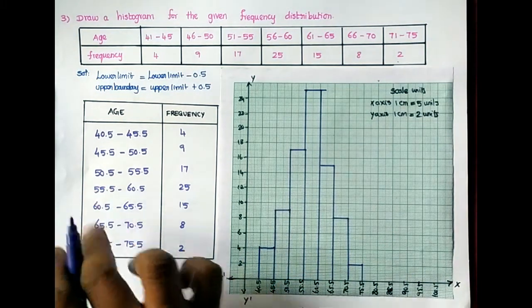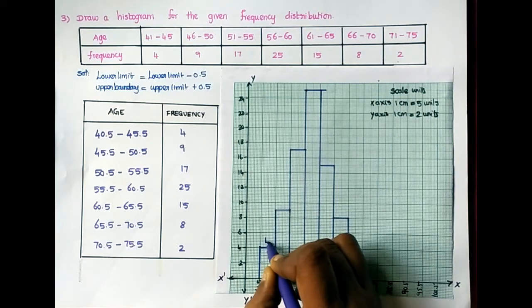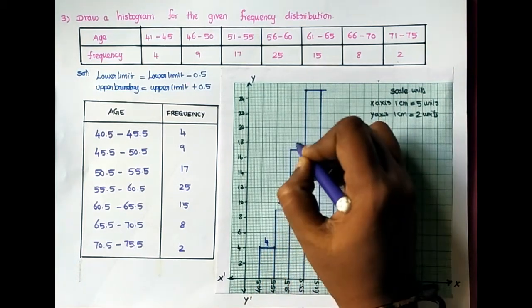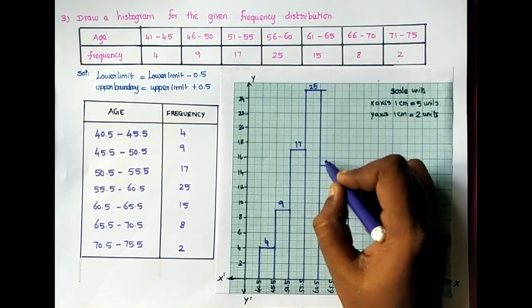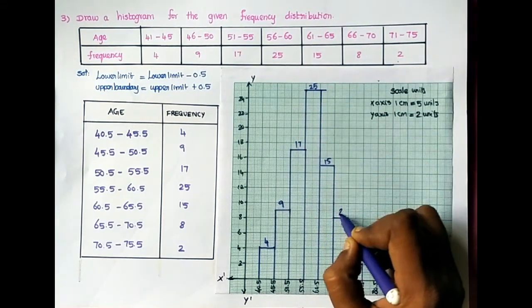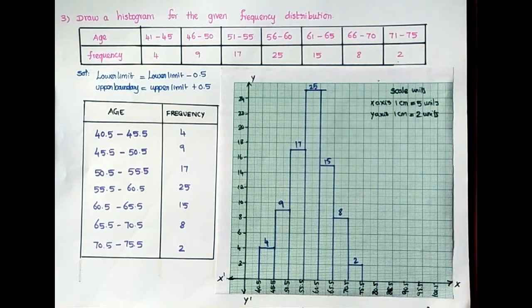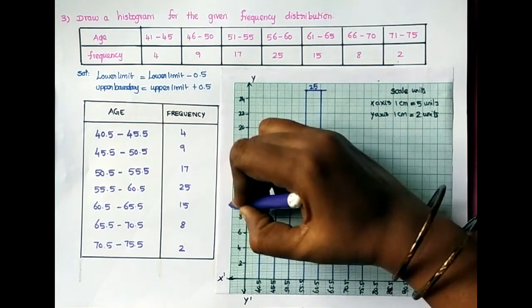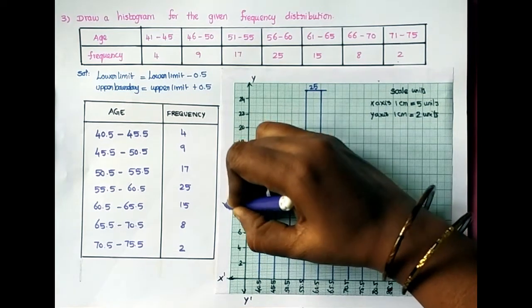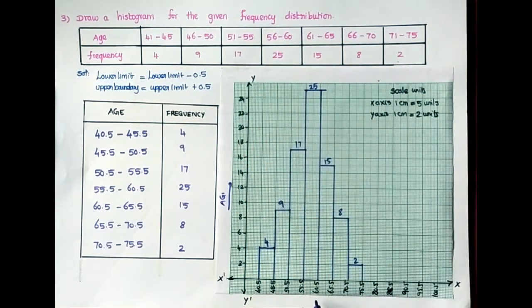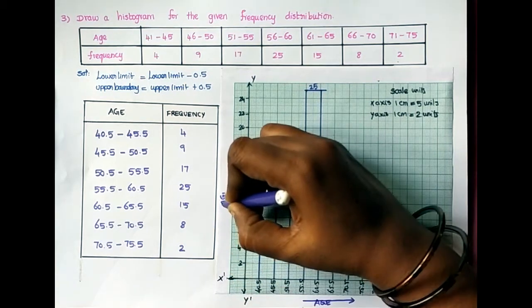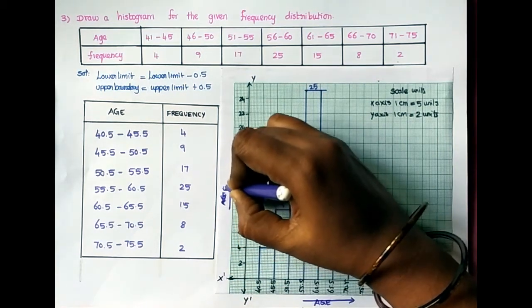Now that is 4, 9, 17, 25, 15, 8, 2. Sorry, this one is age. This one is frequency.